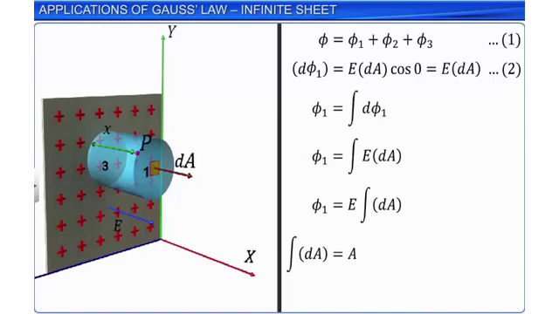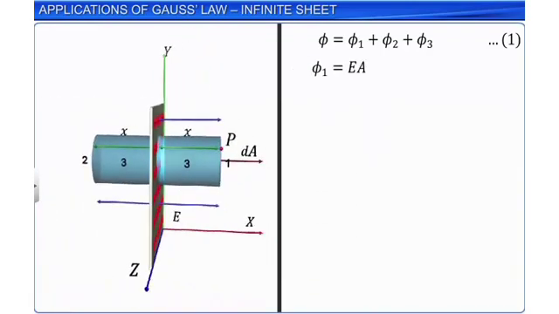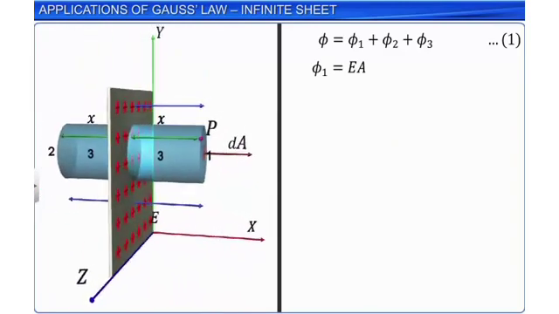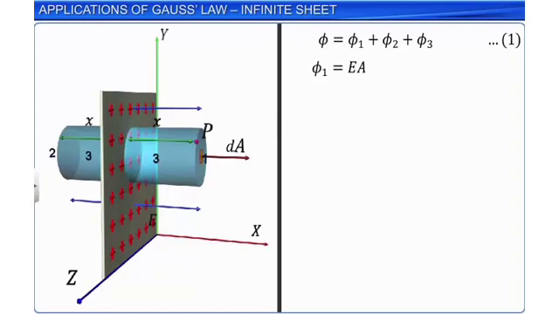Therefore, we get phi 1 is equal to EA. Since surface 2 is equivalent in all aspects to surface 1, the electric flux through surface 2, phi 2, is also equal to EA.